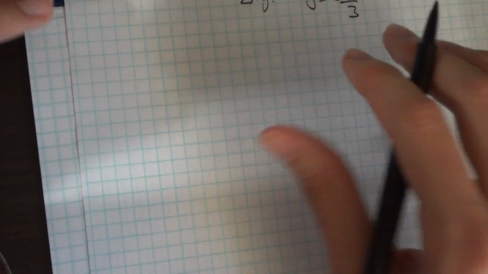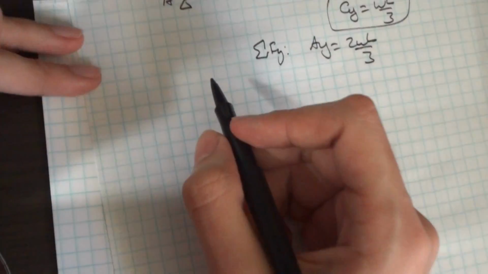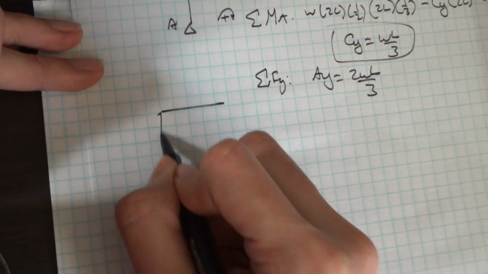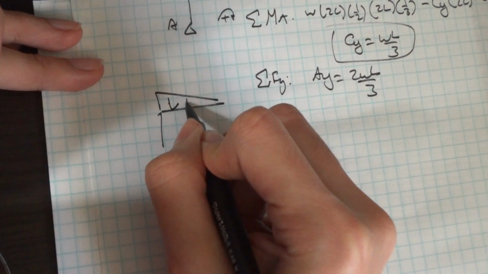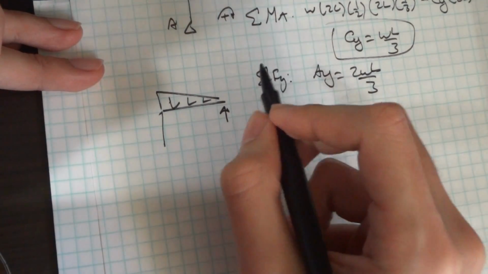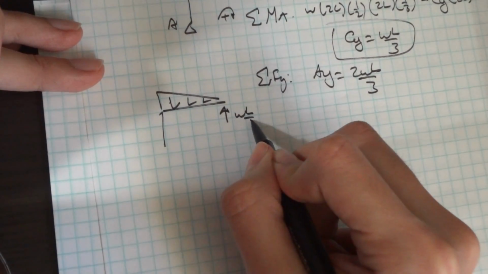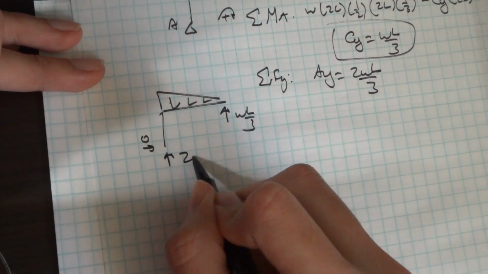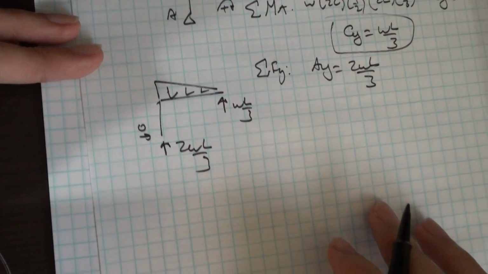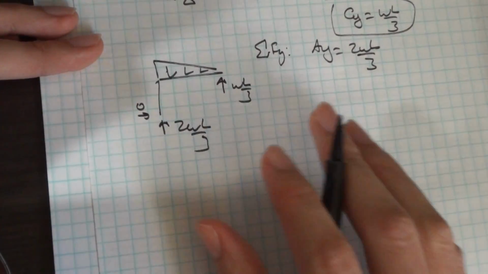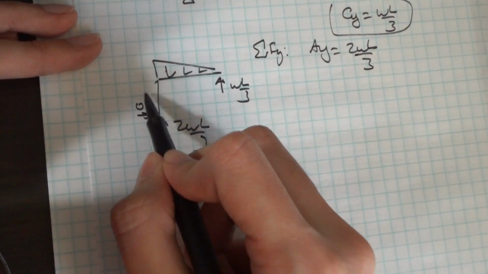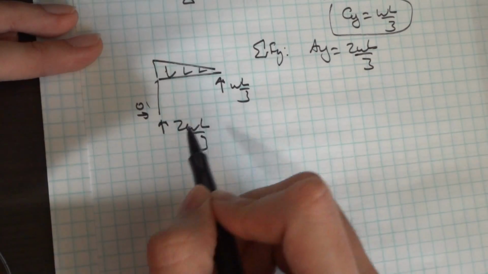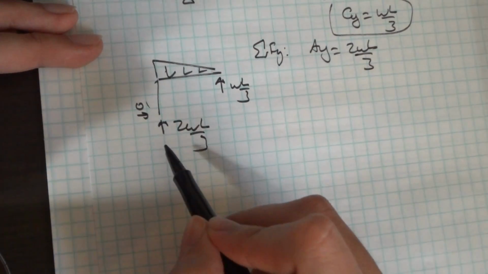For my diagrams, let's draw this out again, and instead of putting reactions there, I'll just put WL on 3. This was 0, and this was 2WL on 3. I can see right away that I'm going to have axial force in this member here because I have a vertical force and a vertical force.